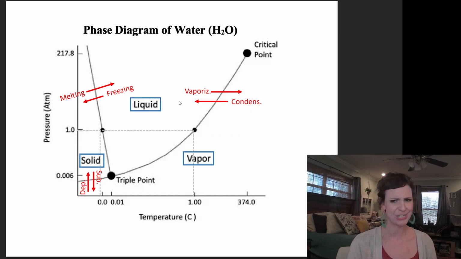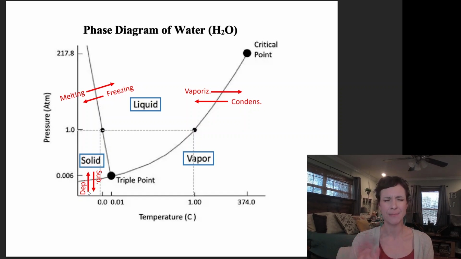Now, deposition and sublimation, meaning solid to gas and gas to solid, are a little bit sneakier, usually in a very small area for you to have to look at. Sublimation, once again, is going from a solid to a gas, and deposition is going from a gas to a solid.